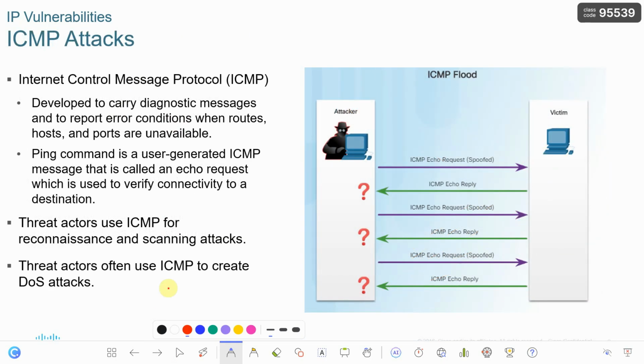Next part is ICMP. Just now we talked about ICMP, we come back to ICMP, right? ICMP is a management protocol. ICMP typically is echo request and echo response, right? Your typical ping. Ping is a type of ICMP packet.